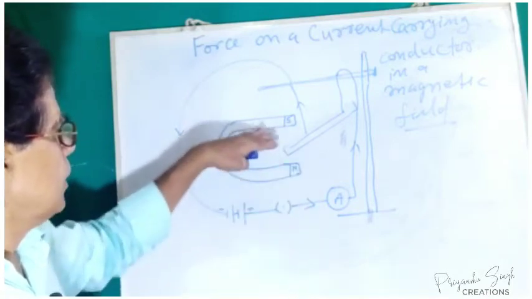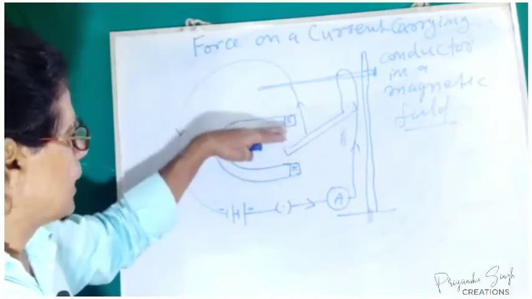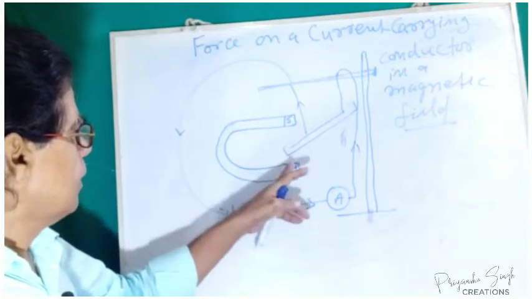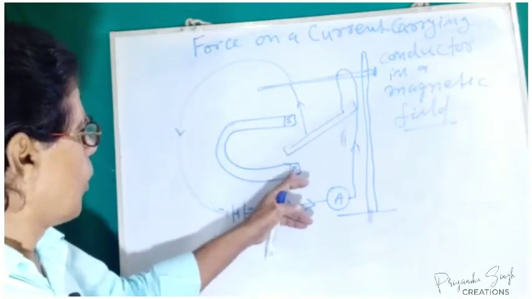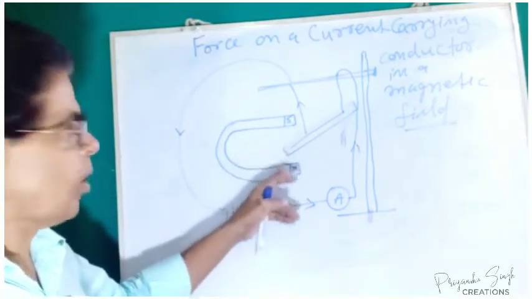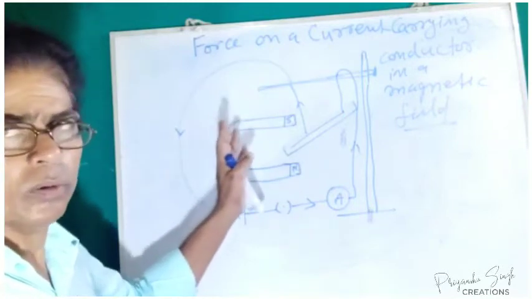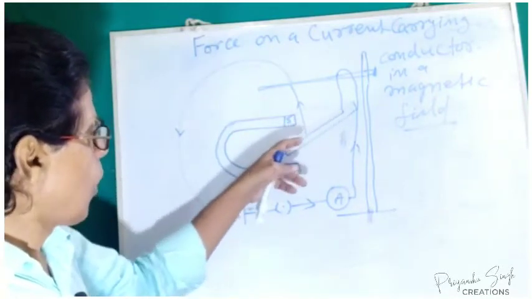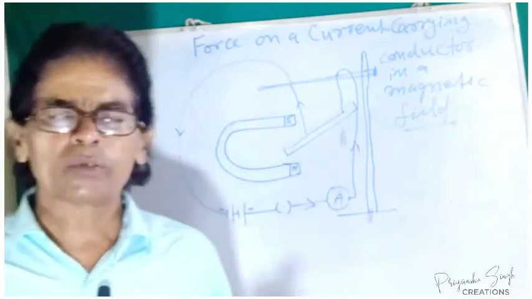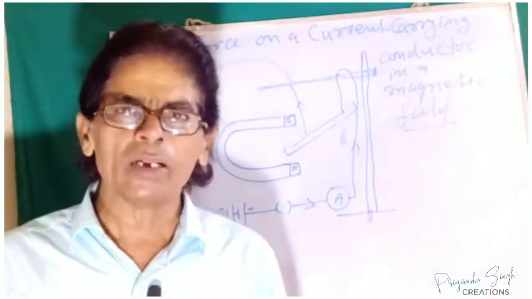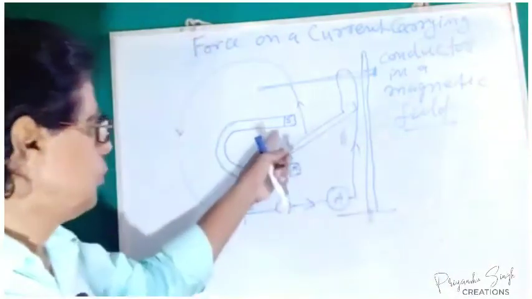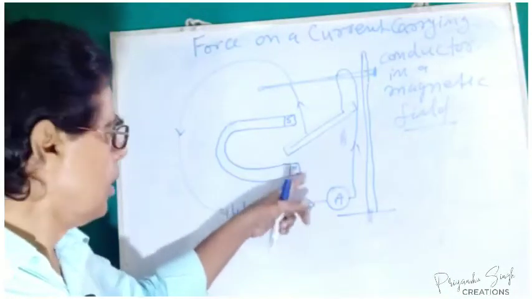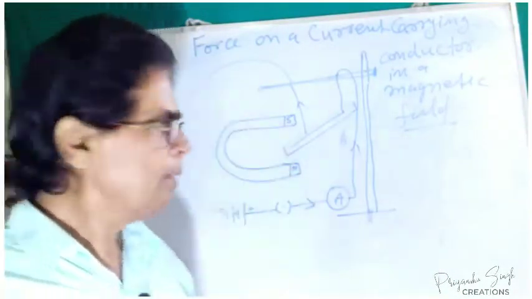So initially the magnetic field lines are directed from the north pole to the south pole of this magnet, and the aluminum rod is suspended at right angles to the direction of this uniform magnetic field between the north and south pole.